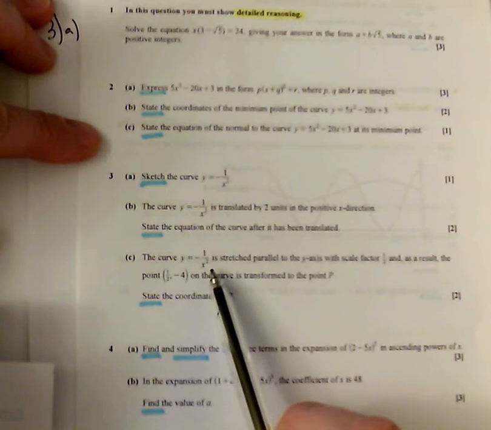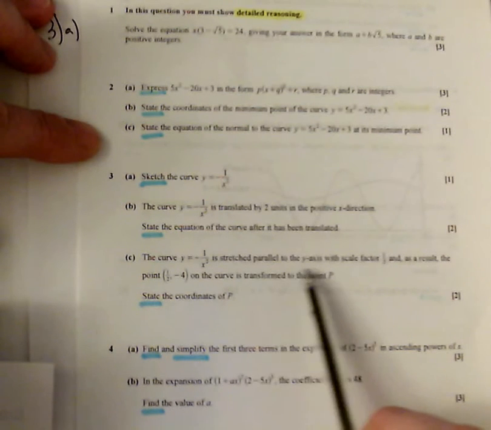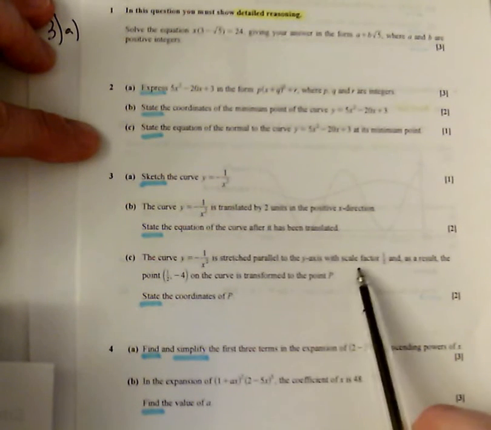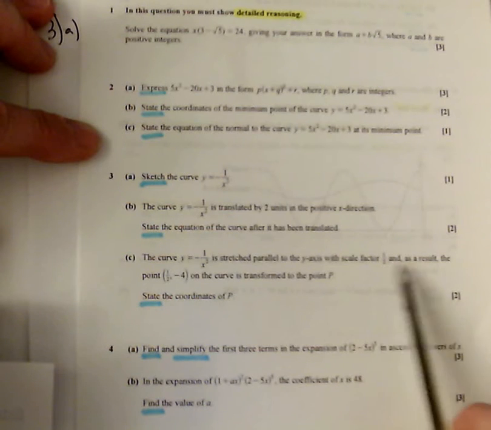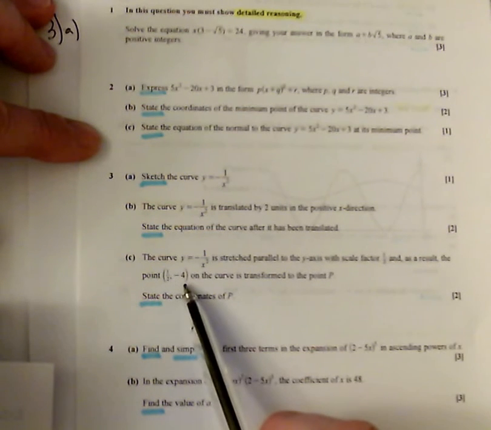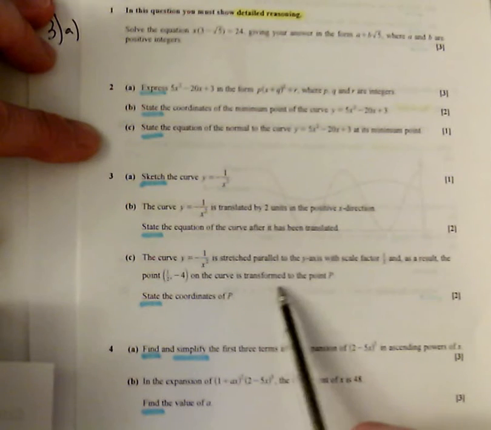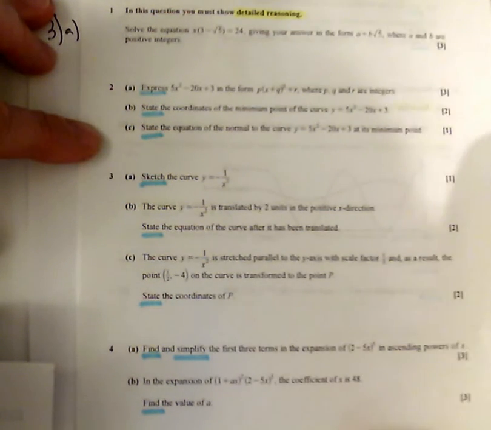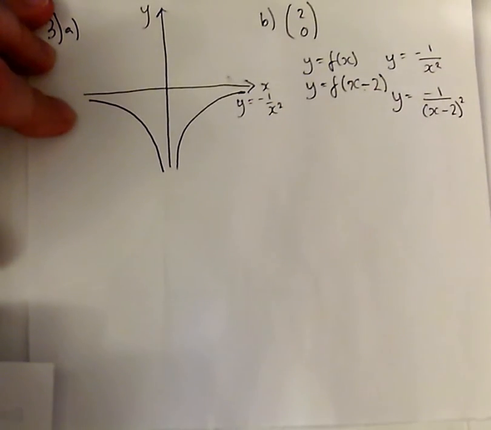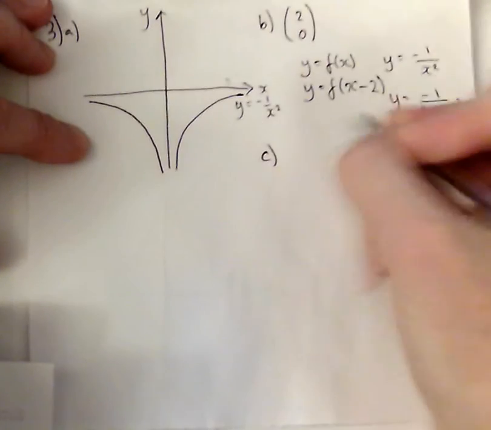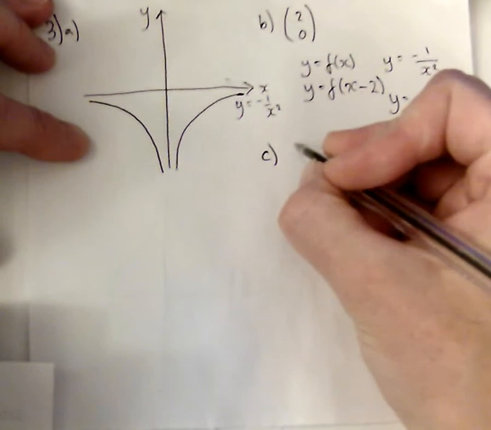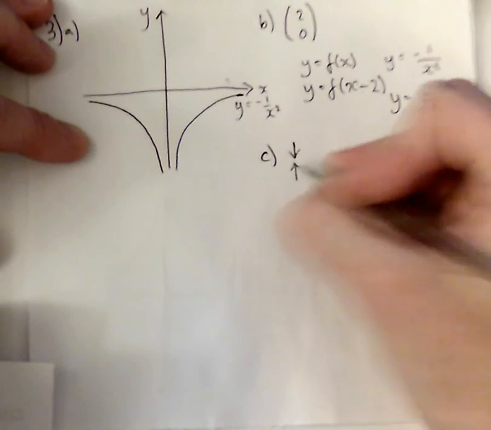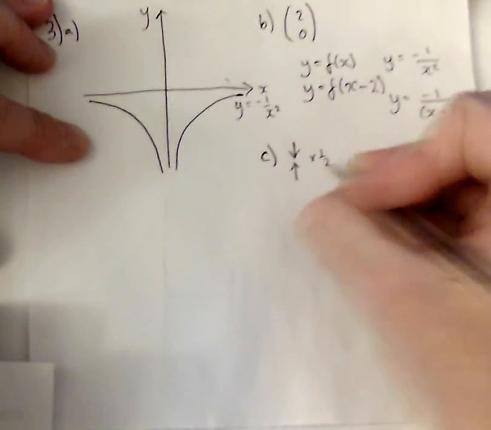So, the last part of the question, part C. The original curve is now stretched parallel to the y-axis with scale factor 1/2. And as a result, the point (1/2, -4) on the curve is transformed to the point P. We just need to state the coordinates of P. Okay, so for this part, we are stretching in the y direction with scale factor 1/2.